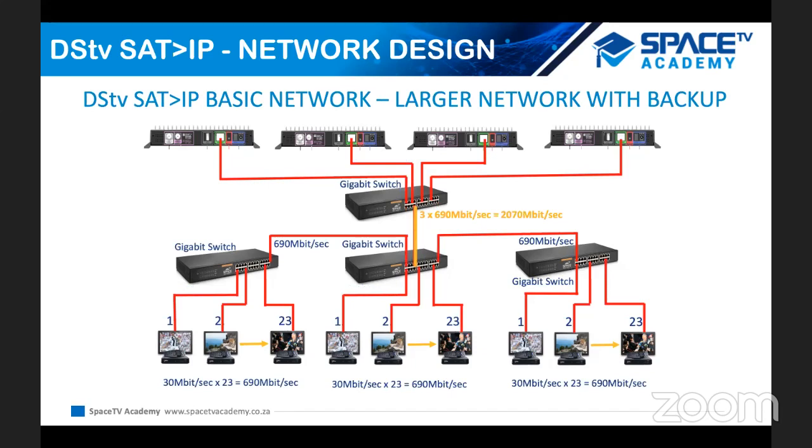So here's another interesting one. If I bring my 4 servers again into a switch, but I run a trunk from one switch to the other and then only feed out to my subnetwork, what's going to happen here now is that I will have 3 servers running at 690 megabits per second, which gives me 2,070 megabits per second, running on a 1 gig trunk, which is 1,000 megabits.